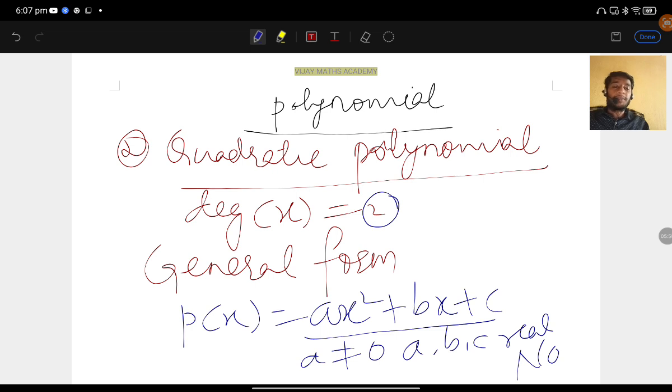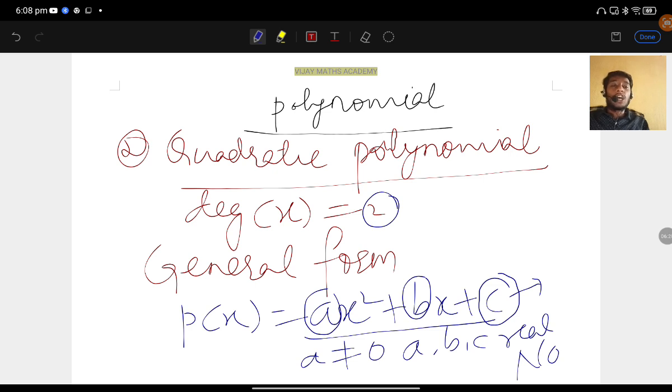Now you can compare. So what will be c, what will be b, what will be a? I will tell you very clearly. Is there any variable here? No, not at all. There is no variable, which means this is a constant term. Behind the x, b will be there.